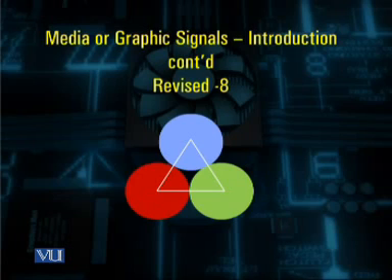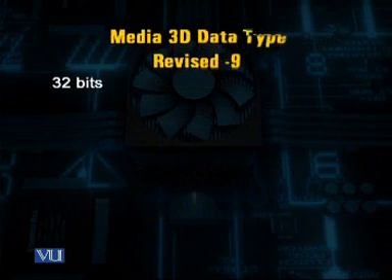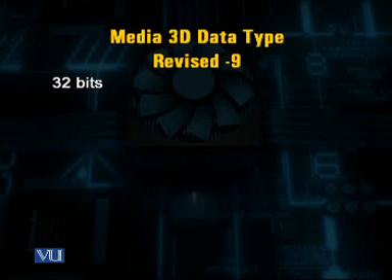A triangle is visible when it is depicted as filled with pixels, as it is shown over here. The pixels are typically represented as 32 bits consisting of 4 8-bit channels.